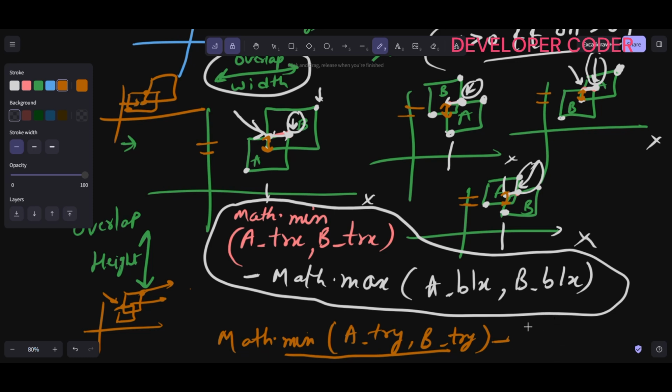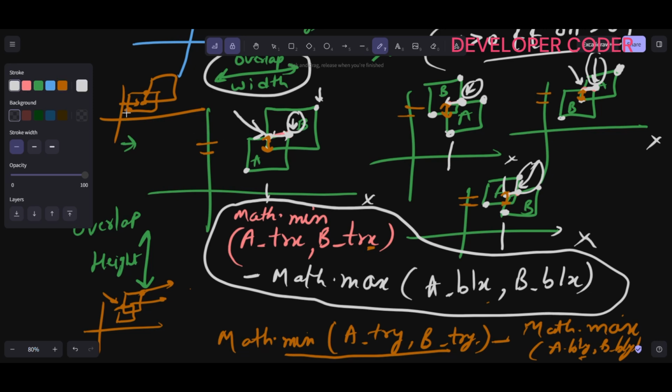This is how I'm writing the formula: Math.max of the bottoms, a bottom left y and b bottom left y. This is for height. So here I am talking about y, and for width we are talking about x. In this way you are going to calculate this.